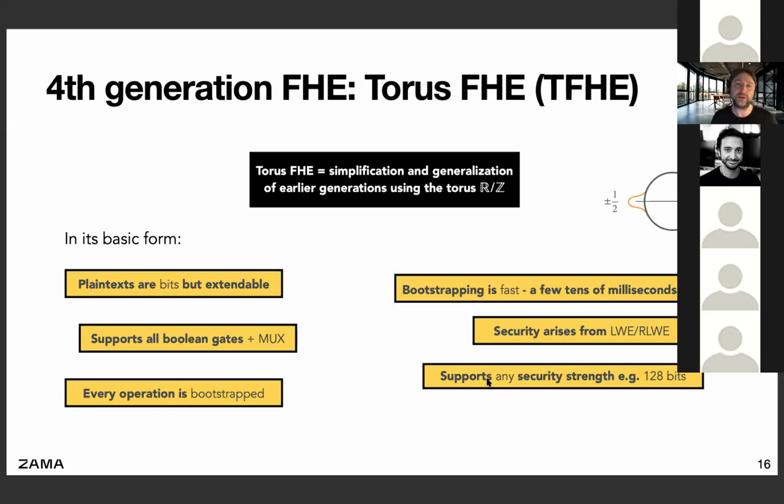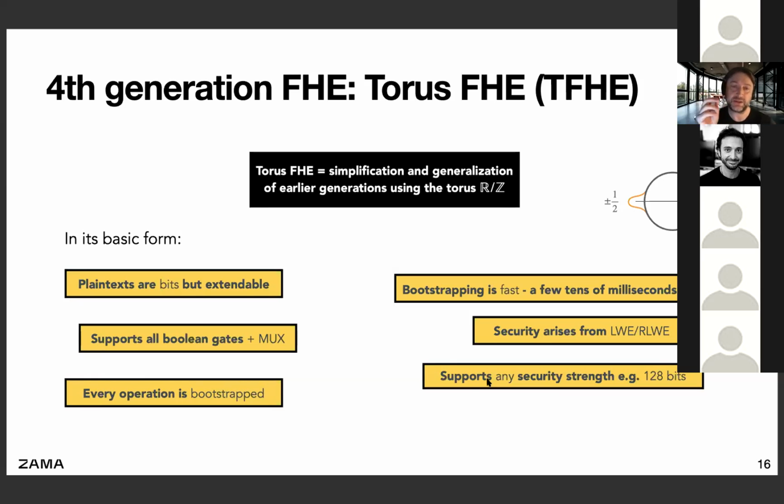And then what we're using in Concrete is basically our variant of TFHE. So TFHE is this 4th generation scheme, which people associate to the GSW branch on the timeline. And in its very basic form, TFHE, it means Torus FHE.